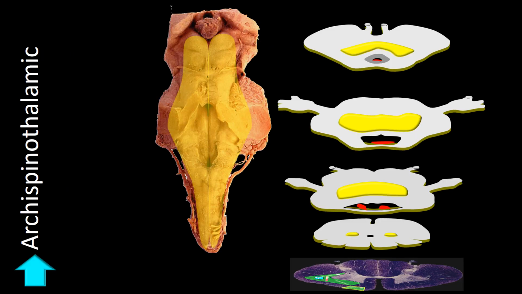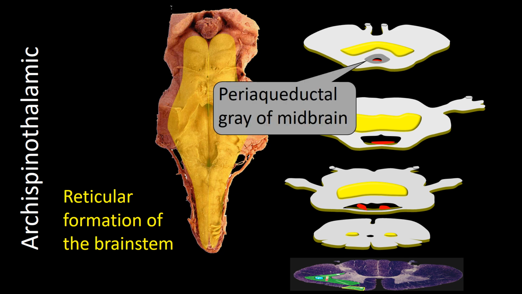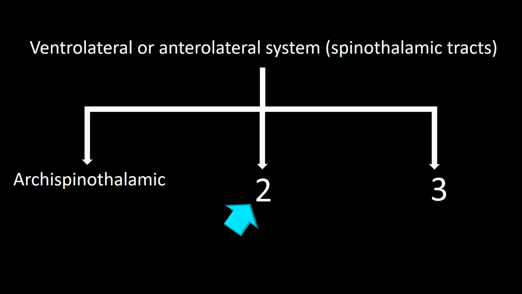The archispinothalamic fibers traveling in the spinothalamic tract reach and make contact with the brainstem reticular formation and the periaqueductal region. Rostral connections are uncertain. The second tract is the paleospinothalamic tract.